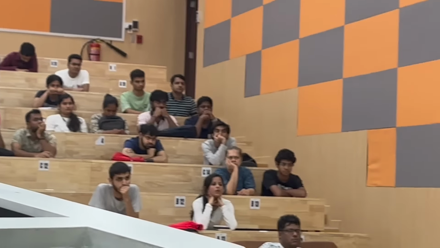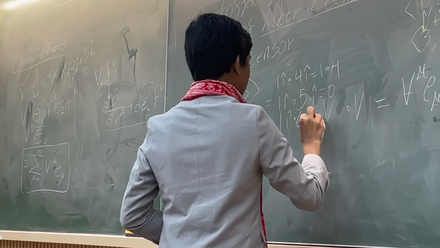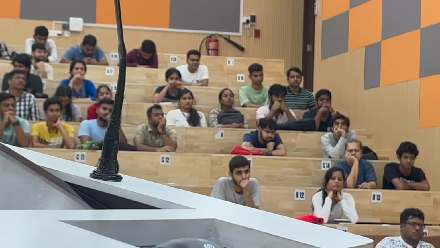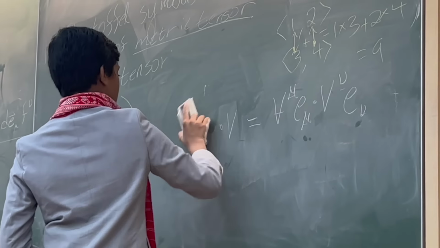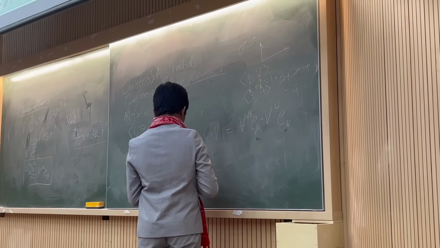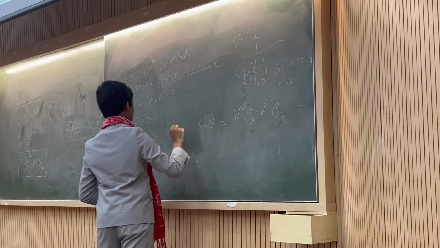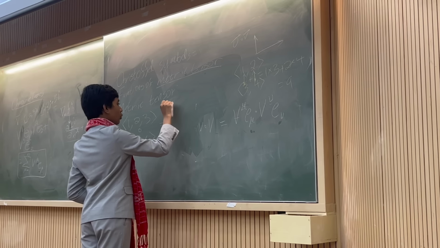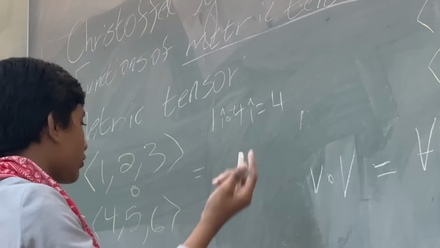Okay, you guys are doing good. When i dot k, that's going to be 0. So all we got is 1i dot 4i, which, as you guys said, is 4 times 1 or 4.